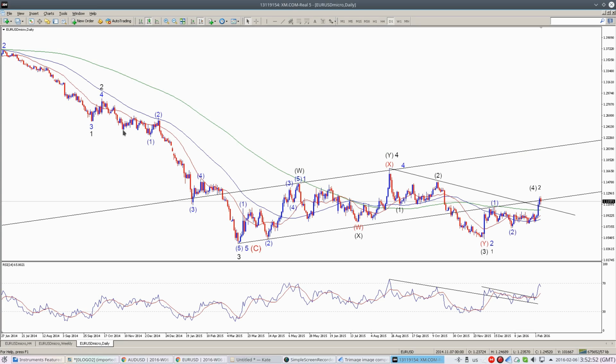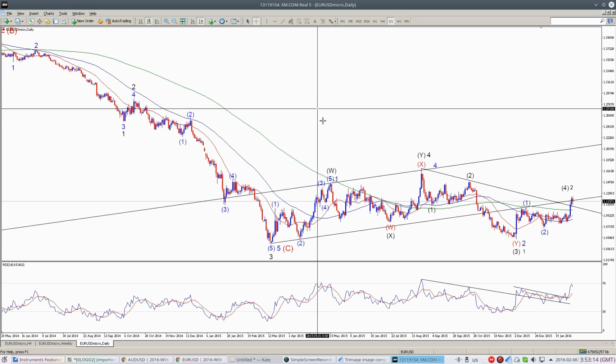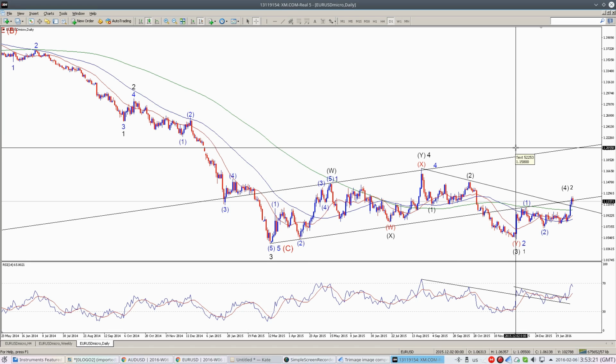Looking at the daily chart, I can show you what I mean. I count the decline as 1, 2, 3, 4, and then extended 5, completed in March 2015. Then this move here as wave 1, and a wave 2 correction that has started during May and has finished in December.